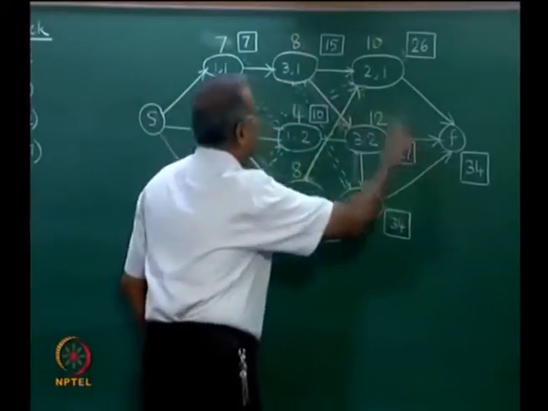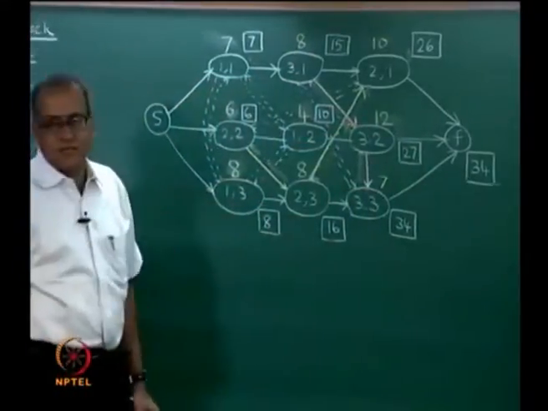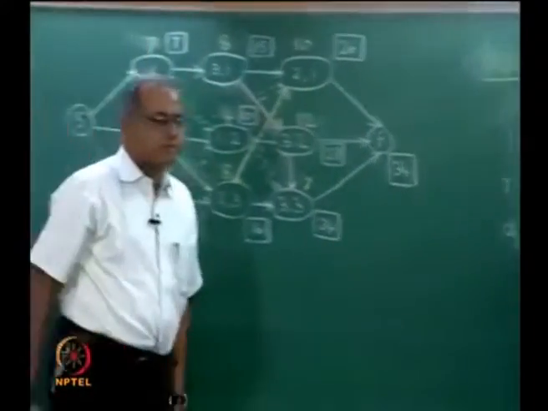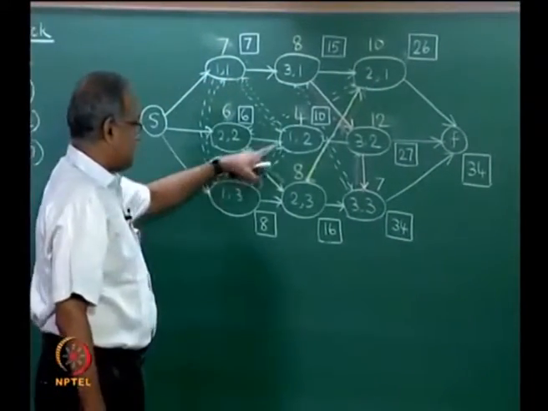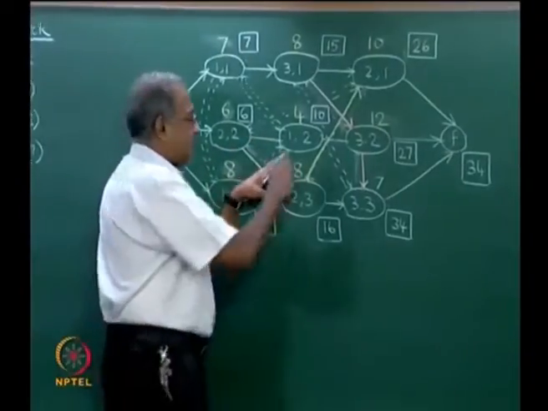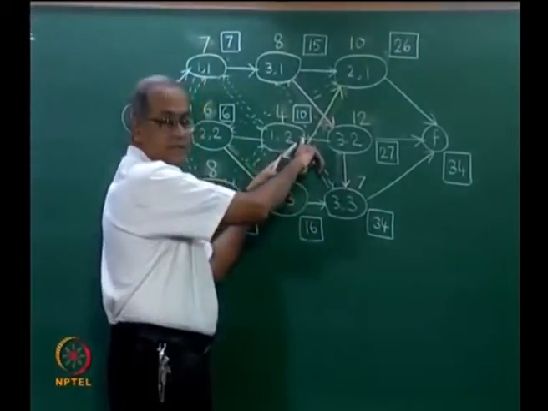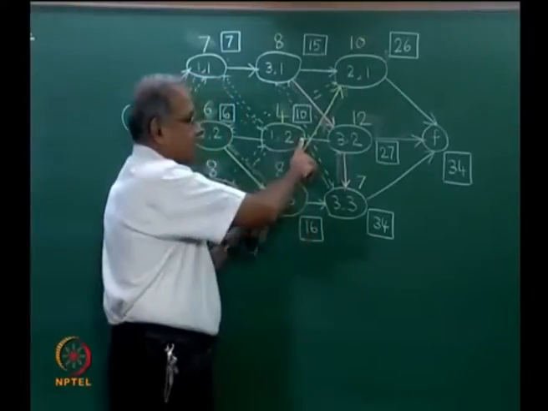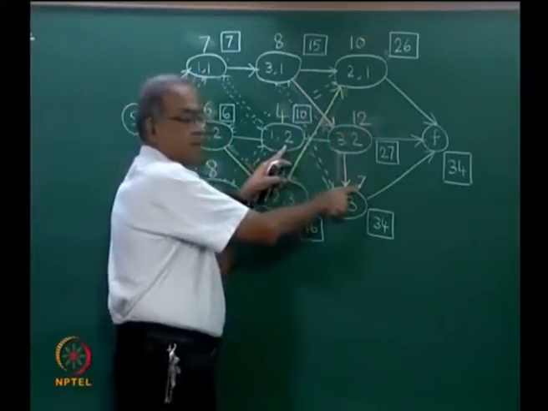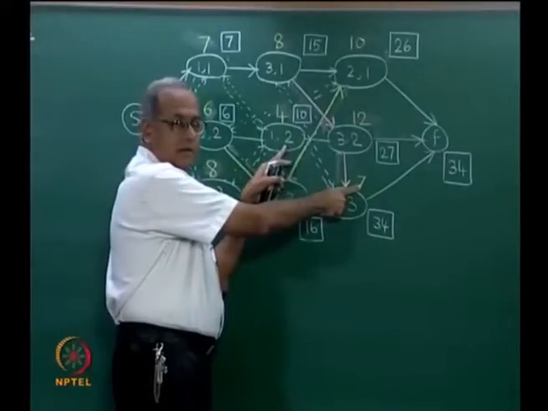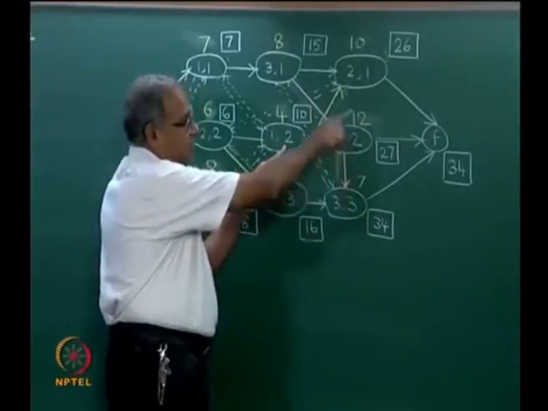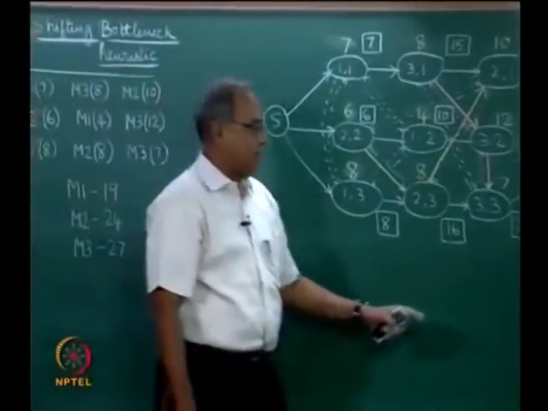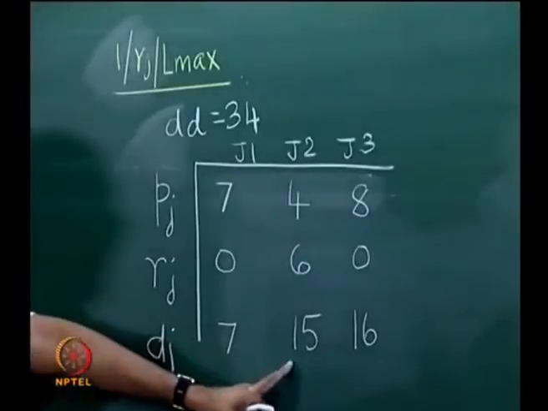So 34 minus 27 gives us a due date of 7. Now as far as this is concerned, once again the latest it has to be completed comes from 12 plus 7, it has remaining 19 time units of processing, and since it has to finish at 34, the due date will be 15.